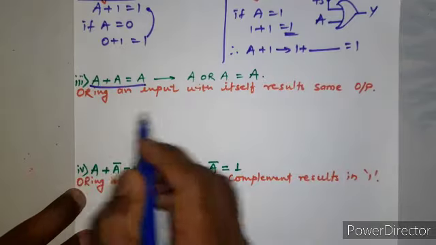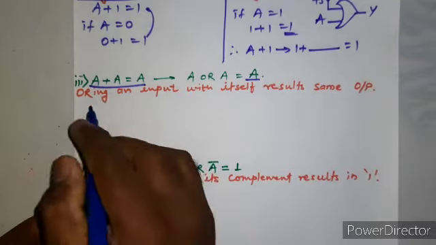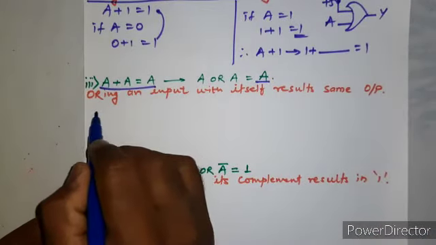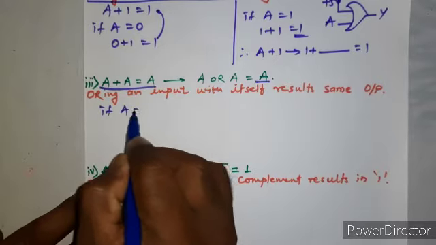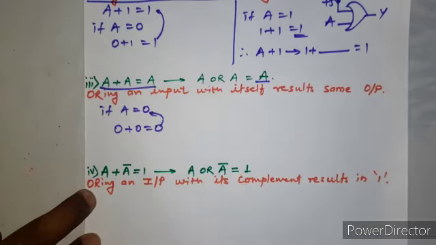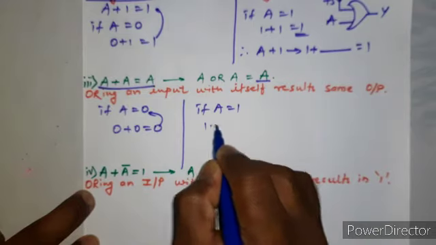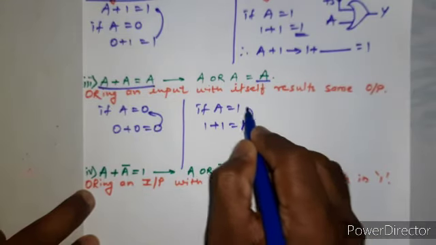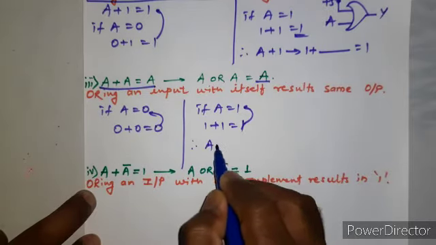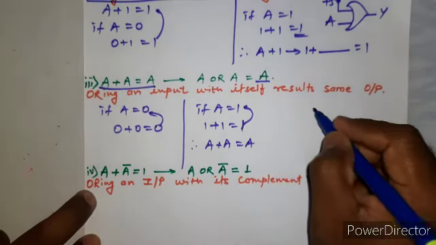Then A plus A, or A, will give you A. Now just try to put this value here. If A equals 0, 0 plus 0 is 0, that is the value of A. If A equals 1, 1 plus 1 equal to 1, that is the value of A. So can we say then A plus A equals A?